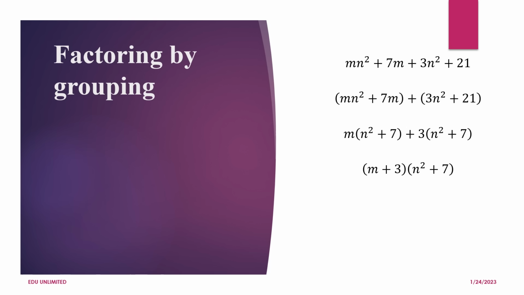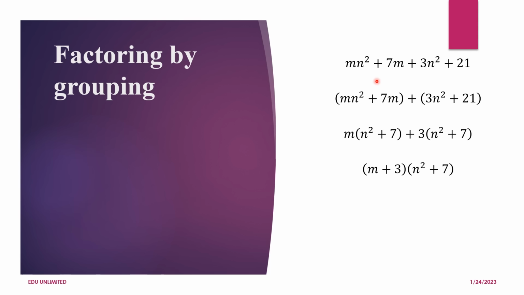Another type of factorization is factoring by grouping. In algebra, we normally group like terms. So as we look at this expression, which reads mn squared plus 7m plus 3n squared plus 21, we will group the like terms.